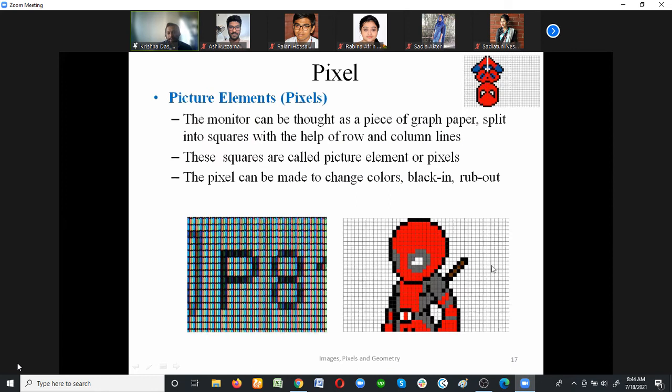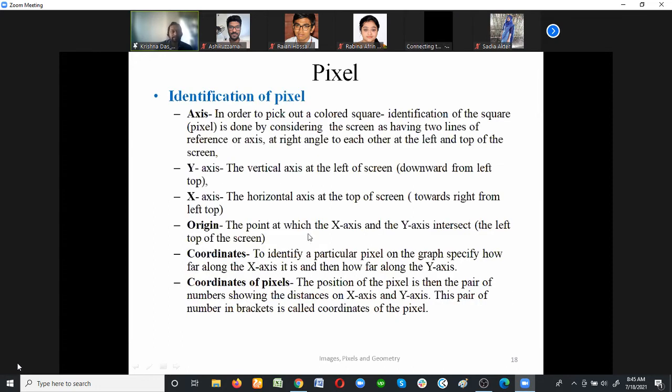So if I have a certain pixel, how far it is from the y-axis gives you the x coordinate value, because that will be counted here, and how far it is from the x-axis gives you the y coordinate value. Okay. So that's about the pixel and its coordinates.